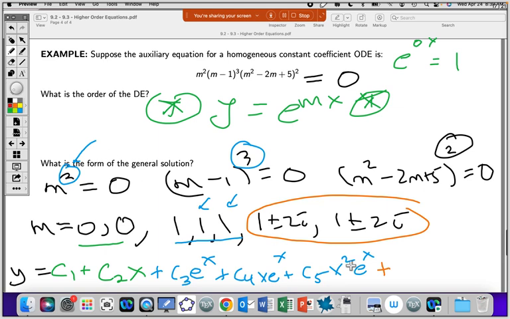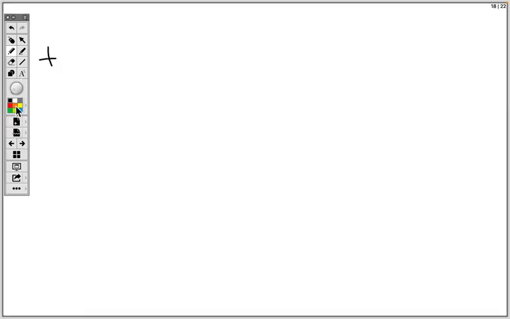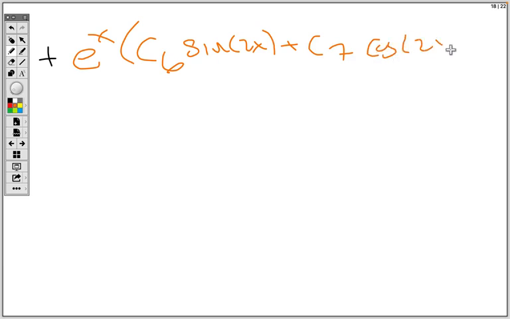All right, so let's put this on the next page. So there's our e to the x times a c6 sine of 2x plus a c7 cosine of 2x.